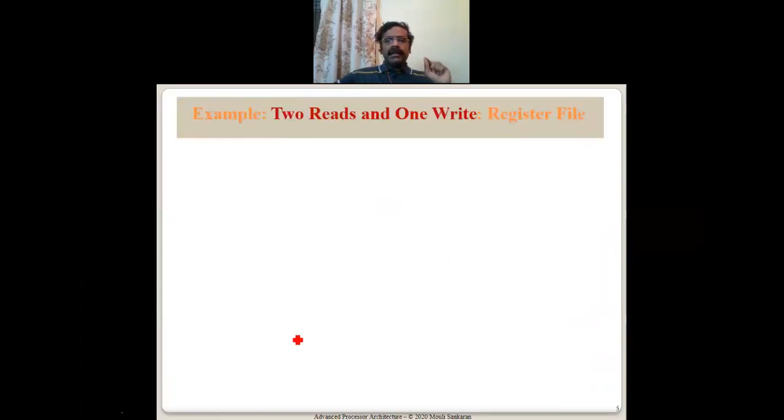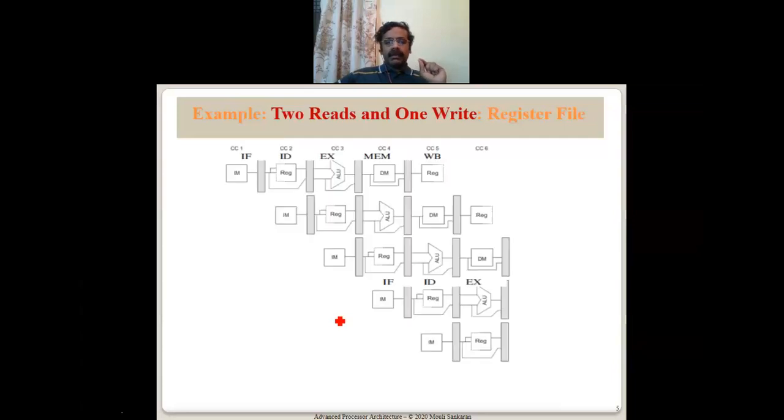So let me bring out some relevant points here. This picture will show you exactly what I meant in the previous slide. Let me call these instructions I plus 1, I plus 2, I plus 3, I plus 4. They are all entering the pipeline at different cycles, every one after the other.